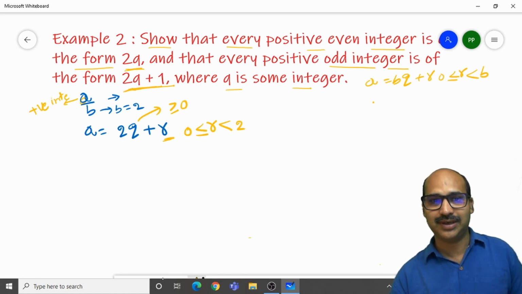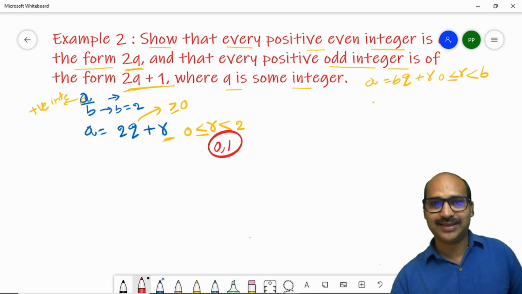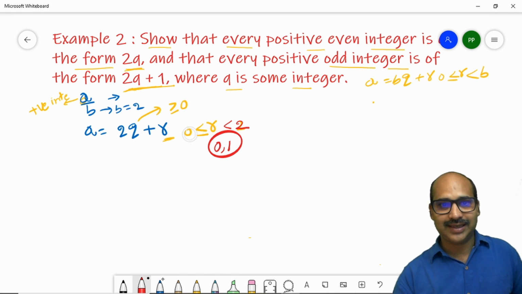They are 0 and 1, because it should be less than 2. 1 is less than 2, and greater than or equal to 0. So it can be 0 or 1. So two cases we have.